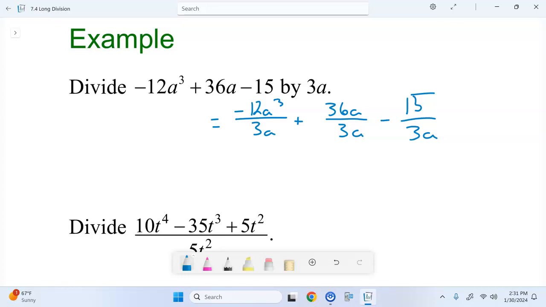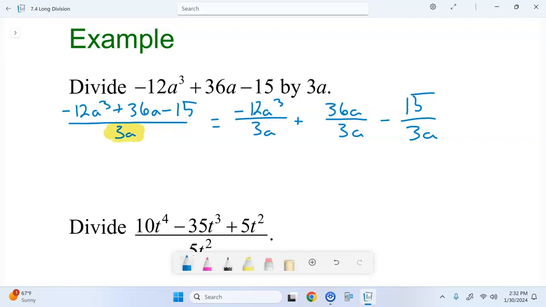And once we have that, we add and subtract the numerators, and then we just leave the denominator. So we just undid that and worked backwards and split it apart so that we can do the division and then we can simplify. And again, this only works if we're dividing by a monomial.